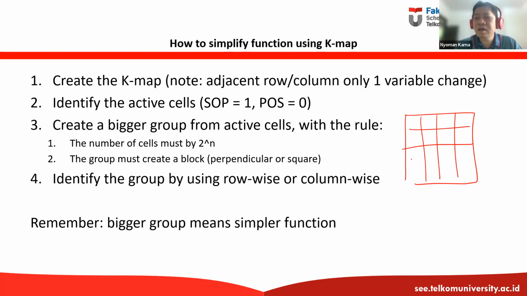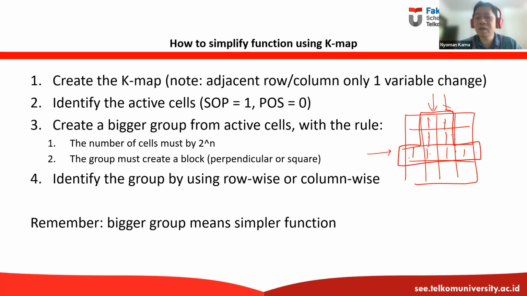Let's say I have 1, 1, 1, 1, and then 1, 1, 1, 1, and so on, 8 cells in total. So why don't we just create the bigger group like this? No, it won't work. Why? Because we cannot identify the row-wise and column-wise.